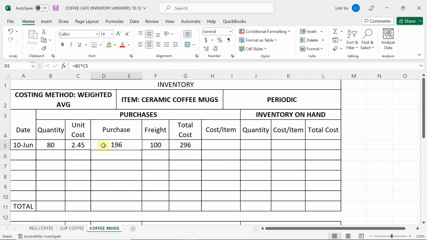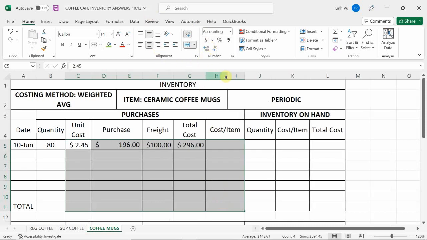Now in this case, what costing method am I using to keep track of my coffee mugs? Periodic. Okay, that's how to track it, but what costing method? We're using weighted average.